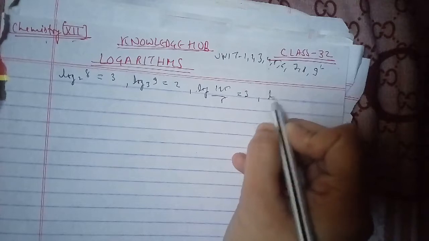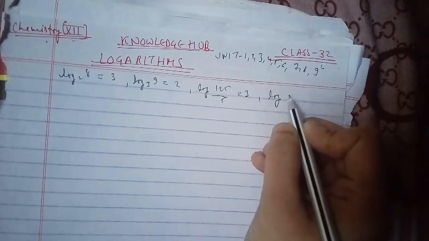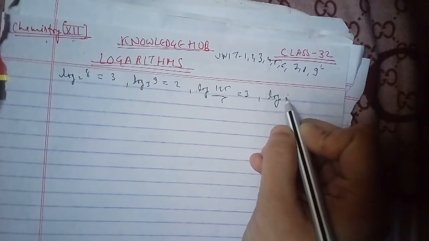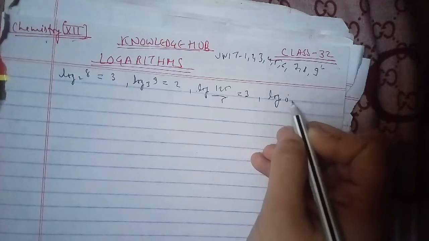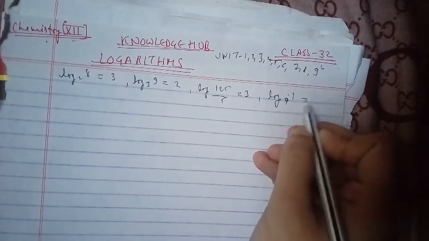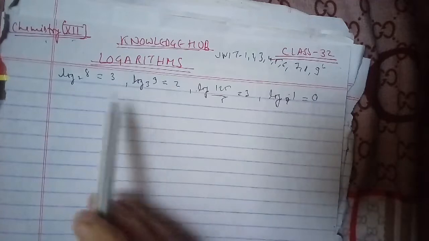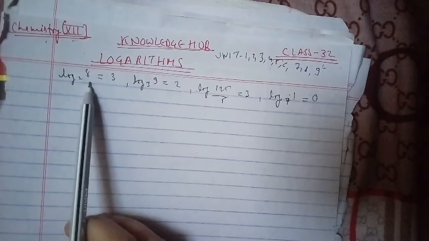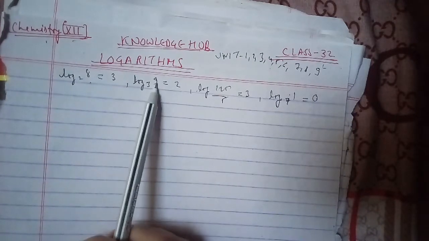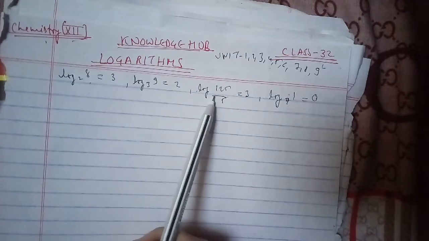Since we know very well that 2 cube is equal to 8, 3 square is equal to 9, 5 cube is equal to 125, and 7 to the power 0 is equal to 1, which we had discussed here itself.